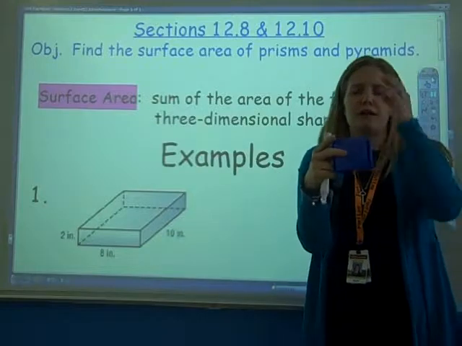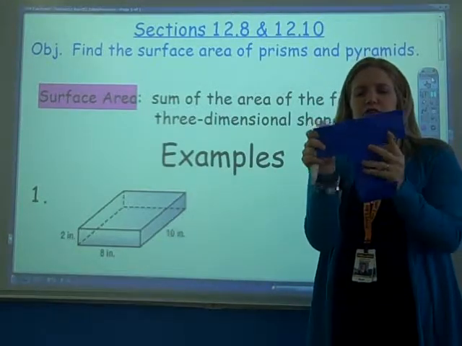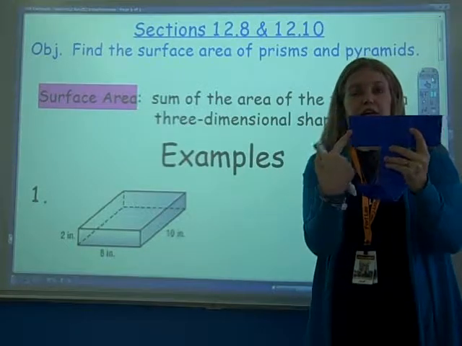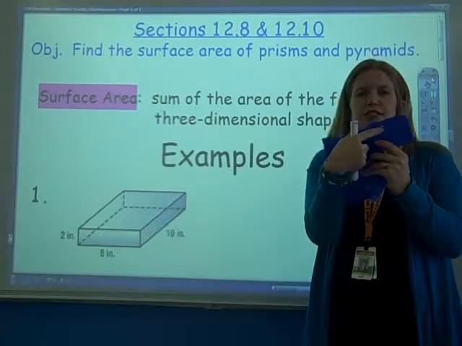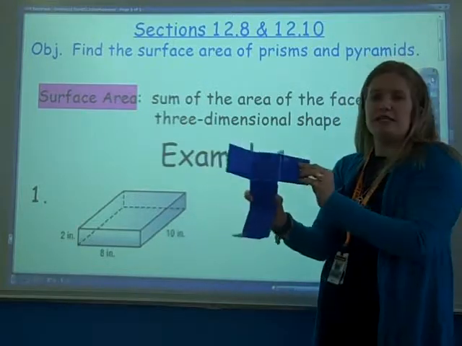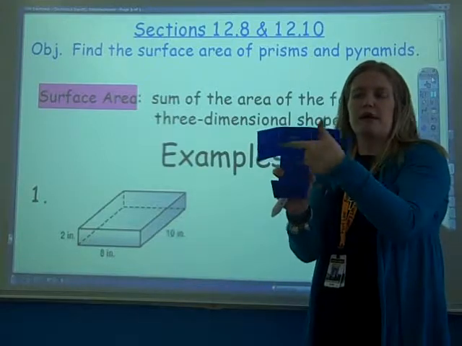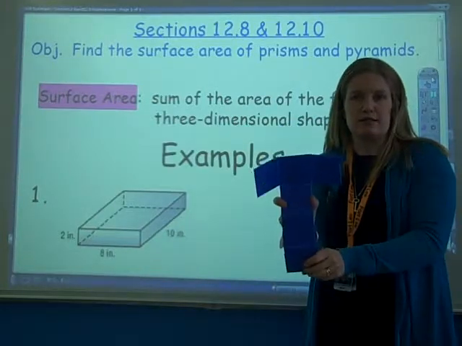Basically what you want to think about is almost unraveling this, and then you have all these sides. You want to find the area of this square plus the area of this and so on. Now some of them, the faces are all the same, so you could just find the area of 1 and multiply by how many you have, 6 in this case.